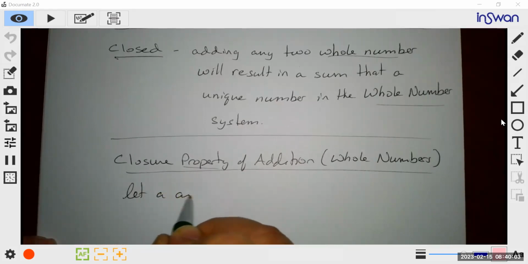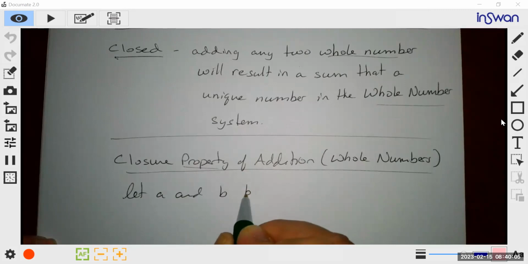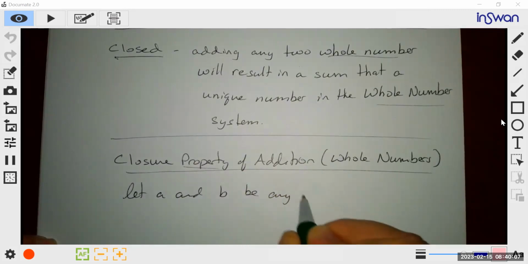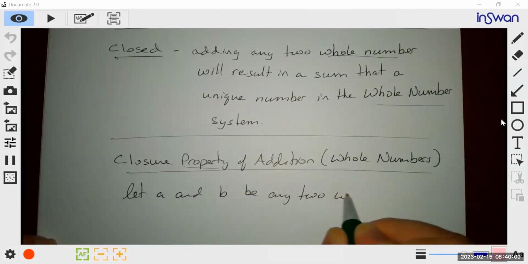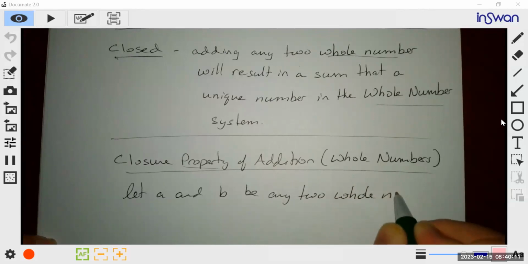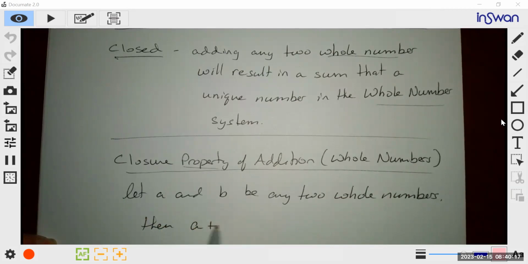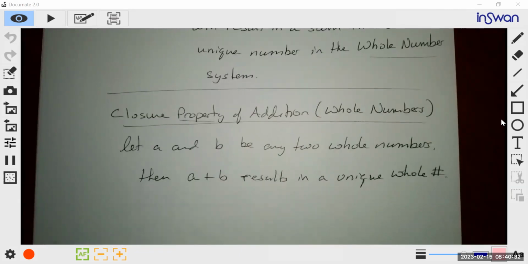Let A and B be any two whole numbers. Then A plus B results in a unique whole number. That's the theorem.